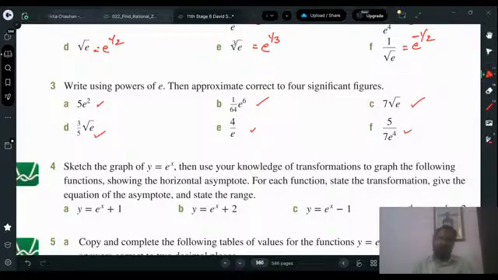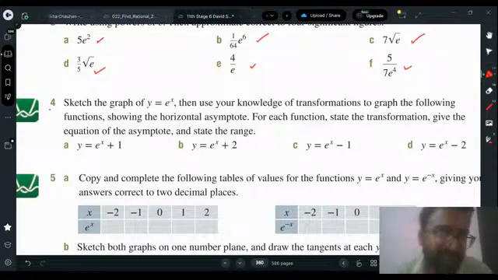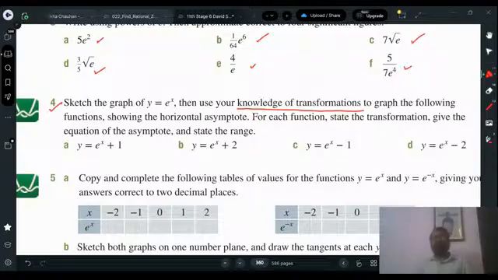Take the graph of y equals e power x, then use the knowledge of graph transformations. Can you read this question? Take the domain, range and asymptote, each and everything.